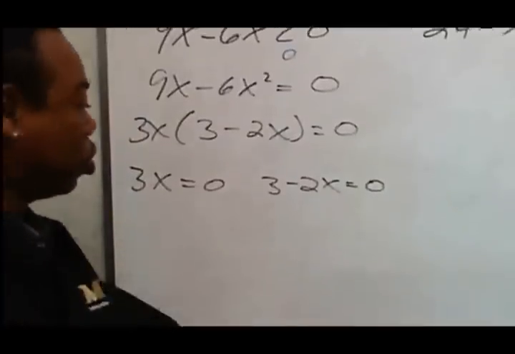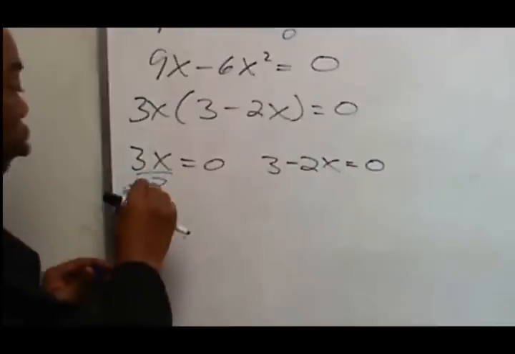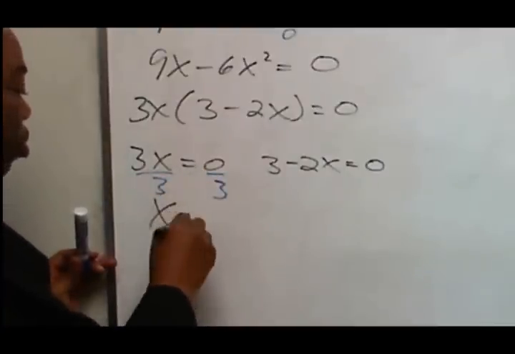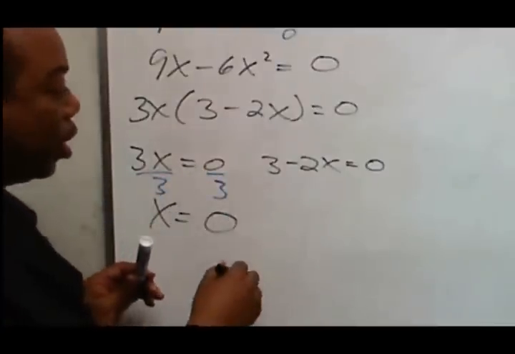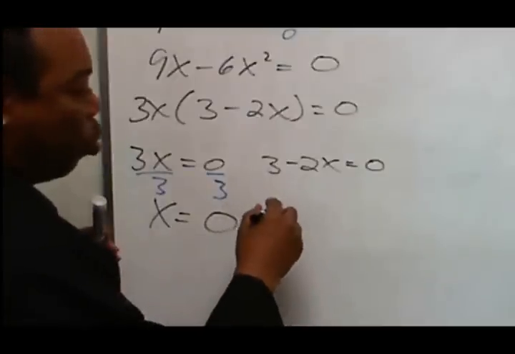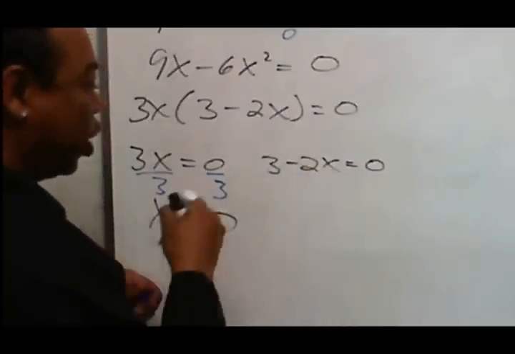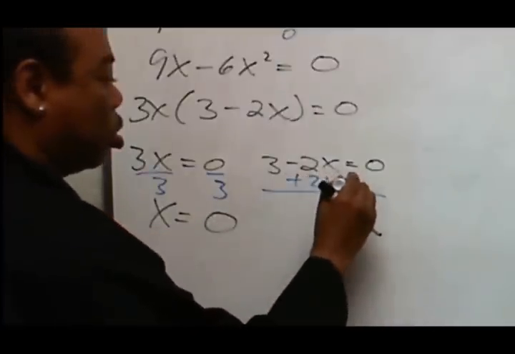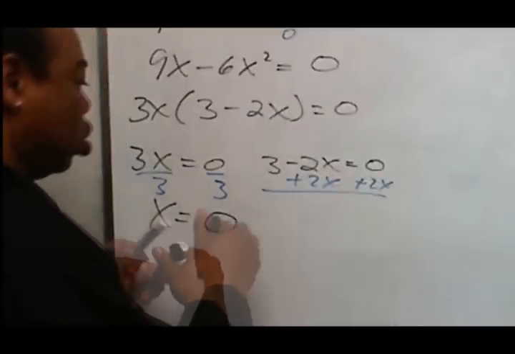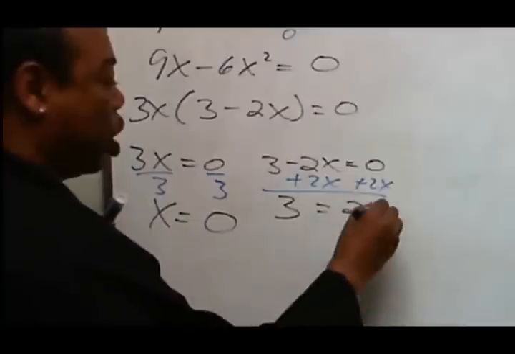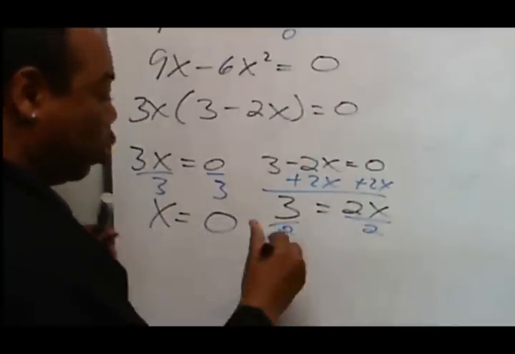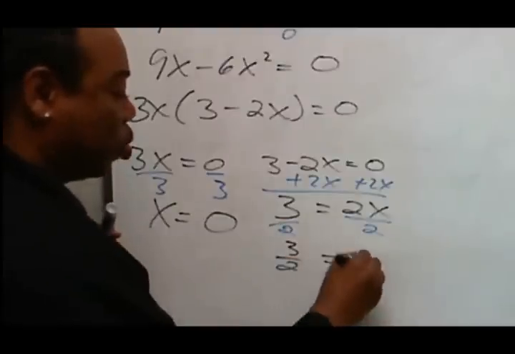This solves quickly to x is 0 when I divide both sides by 3. This side here, when I add 2x to both sides, we'll have 3 equals 2x, and divide both sides by 2, we'll have 3 halves equals x.